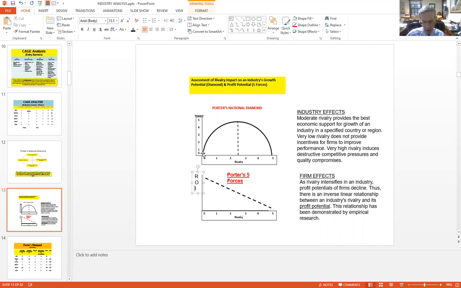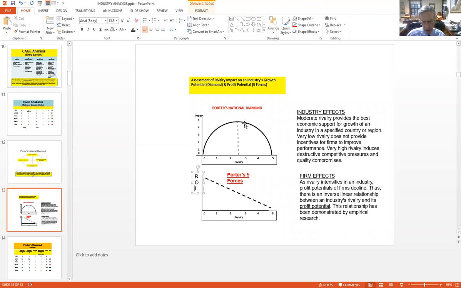When there's no rivalry, there's not much incentive for whichever firm happens to have the monopoly to improve the quality of its products or services or efficiency, because it doesn't have any competition. As competition enters the picture, chances are that the quality of the industry will also go up, whether it's in the nature of products or services, until it reaches some maximum point.